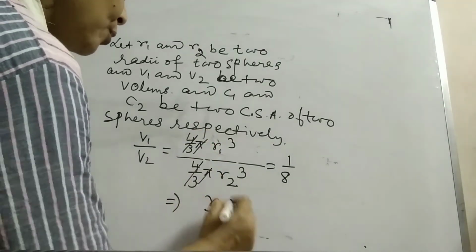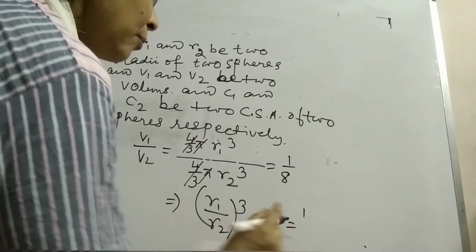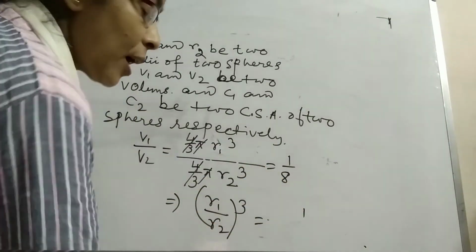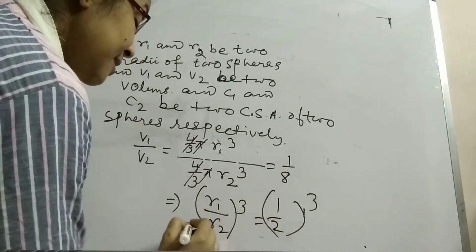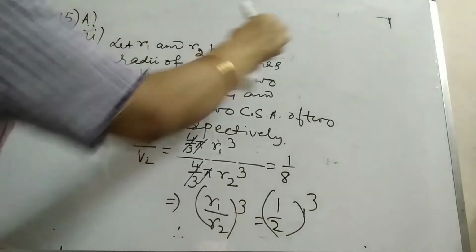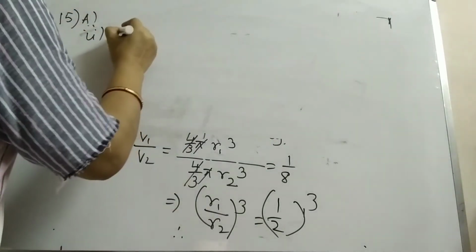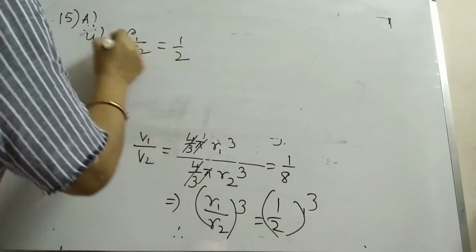R1 by R2 whole cube equal to 1 by 8, equal to 1 by 2 whole cube. That is, R1 by R2 equal to 1 by 2.